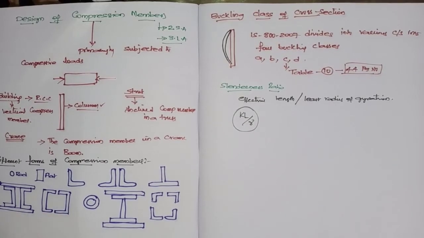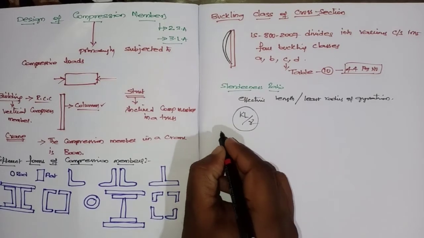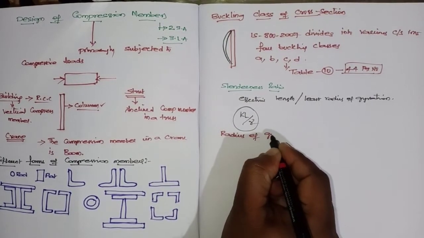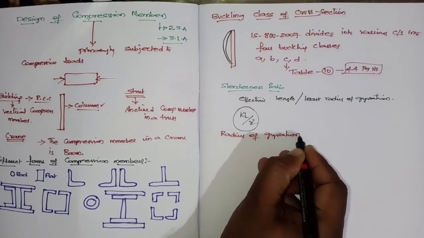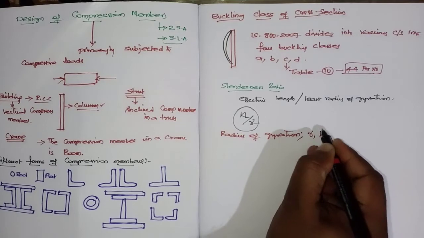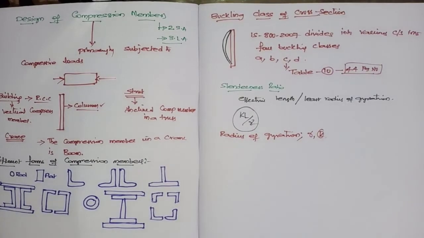So next, what is this one? Radius of gyration. Some will call it gyration and someone will call it gyration, right? Next one is radius of gyration. It is generally denoted by either r or small k.